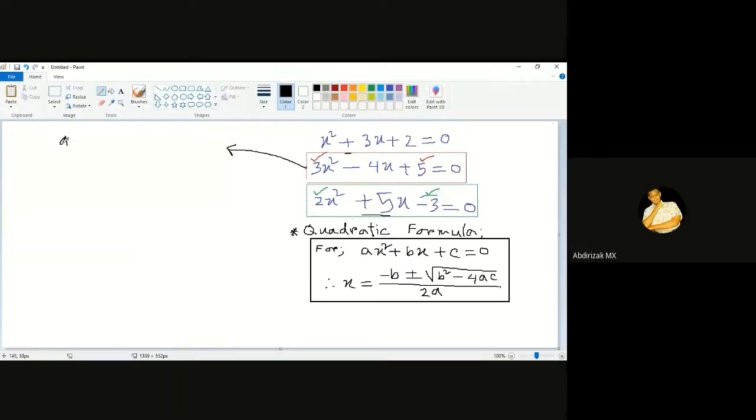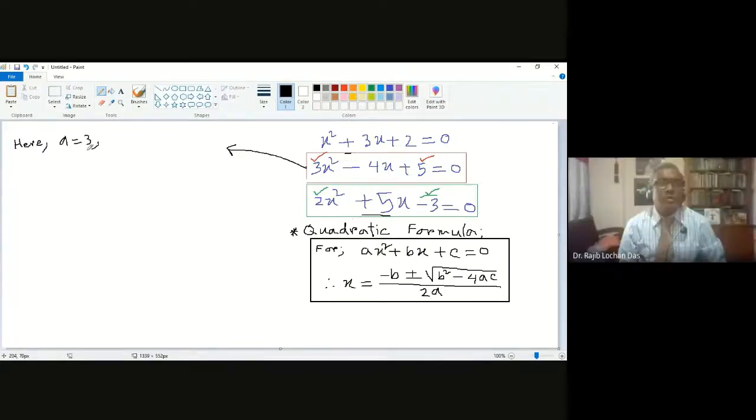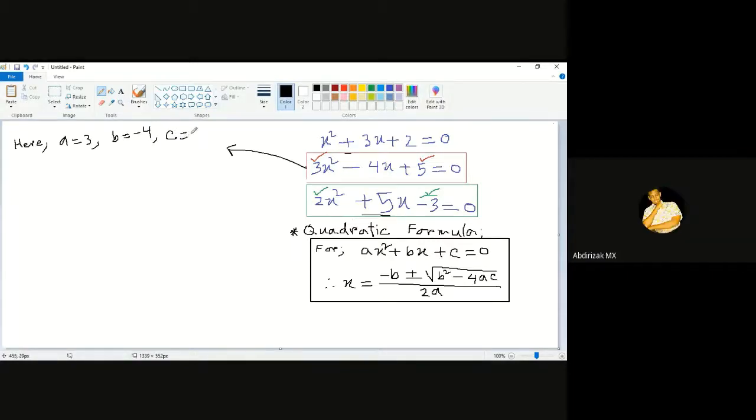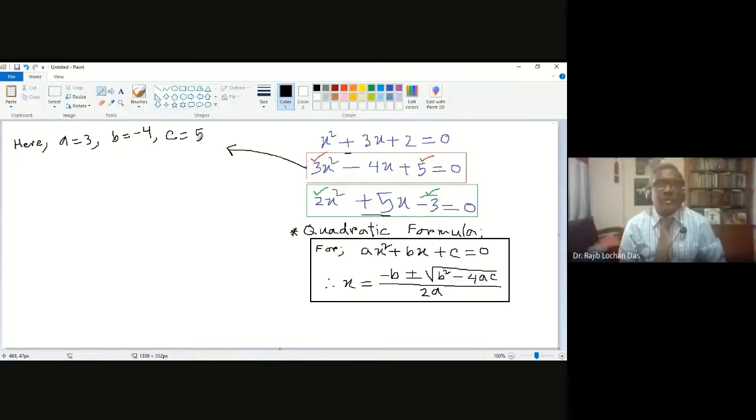A is equal to 3, yes, and B is equal to minus 4, correct. And then what is C? C is equal to 5, correct.